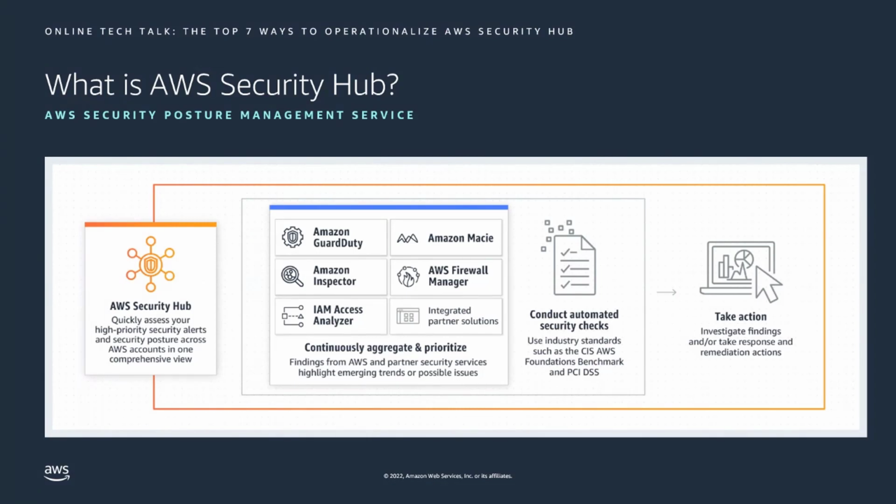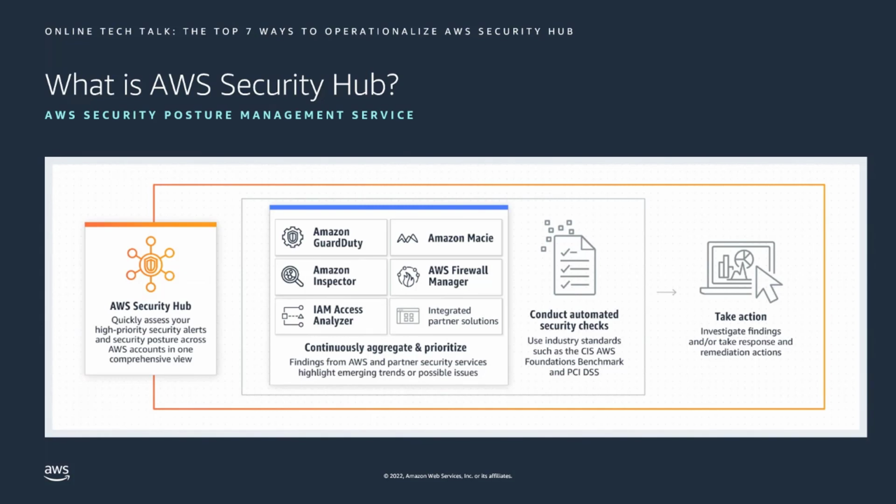In addition to that, Security Hub also integrates with multiple partner solutions. What is interesting is that both the core AWS services and the partner products send findings into Security Hub in a standardized format called AWS Security Finding Format. Because of this, security teams don't need to parse or normalize this data and can start the analysis from day one without any additional setup.